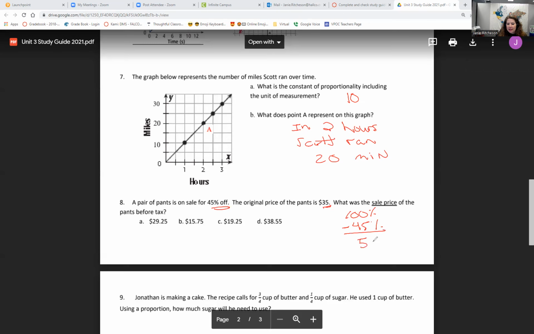That means we're going to pay 55% of 35. So I want to know, what is 55% of 35? So my calculator, 35 times 0.55 is $19.25. That is the sale price because they took off 45%.